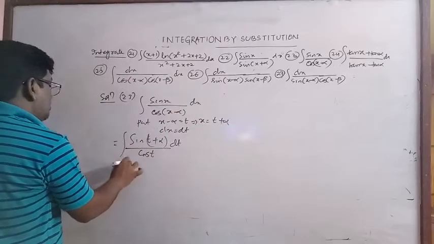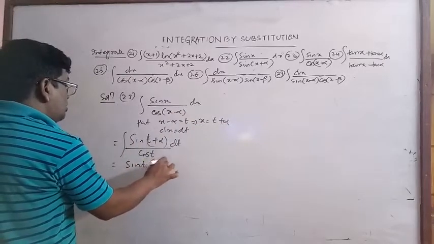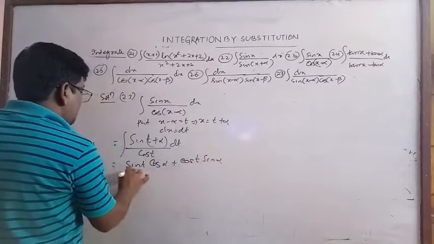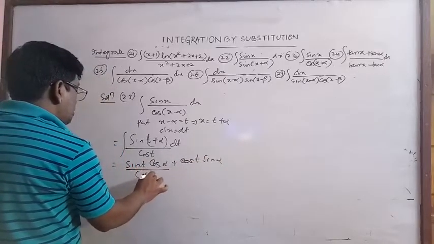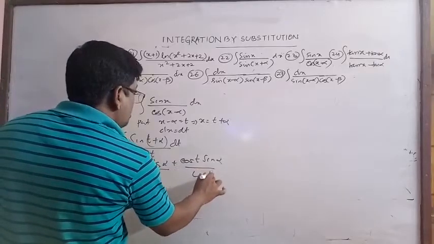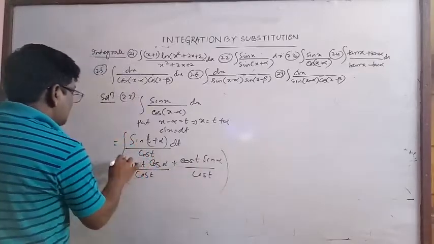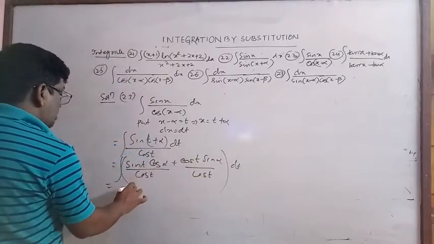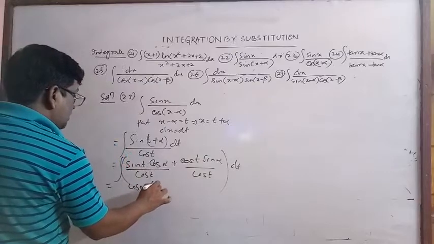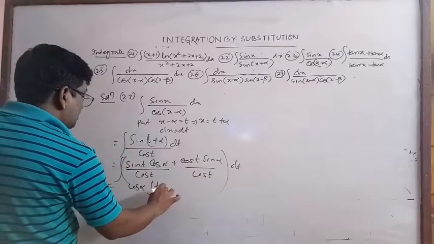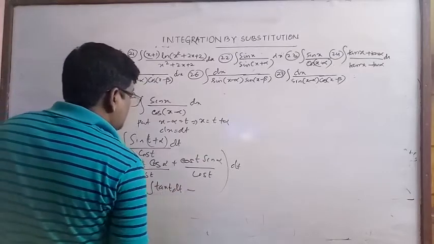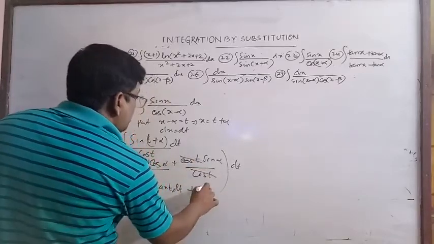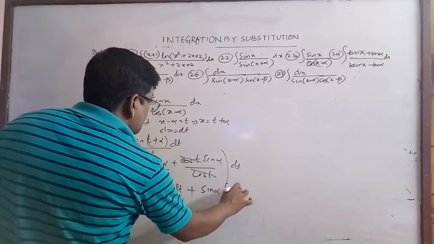So this is equal to the integral of (sin t cos alpha plus cos t sin alpha) divided by cos t, dt. Cos alpha is constant, so we get integration of tan t dt, since cos t cancels, plus sin alpha integration dt.